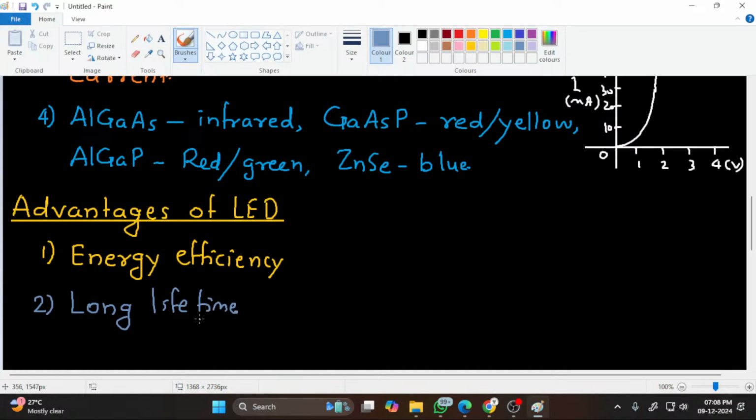Another advantage, they are solid state lights, so they are rugged.